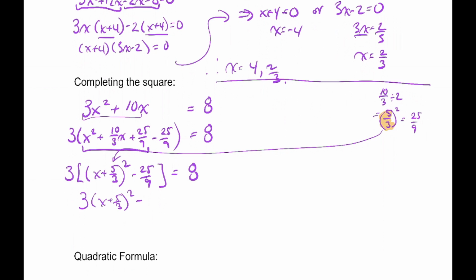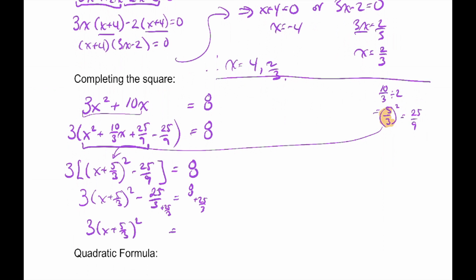That makes 25 over 9 times 3, which reduces to 25 over 3, is equal to 8. So what I want to do now is add 25 over 3 to both sides. Here I need to make a common denominator of 3.